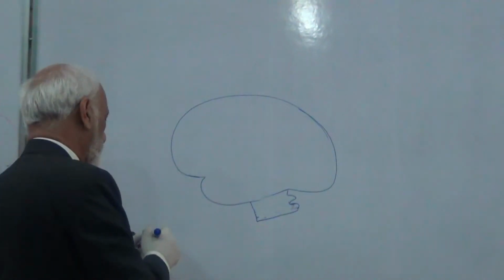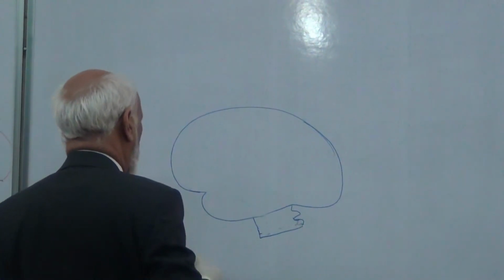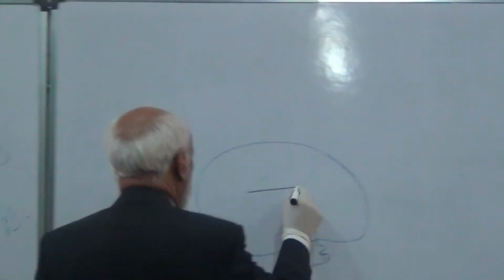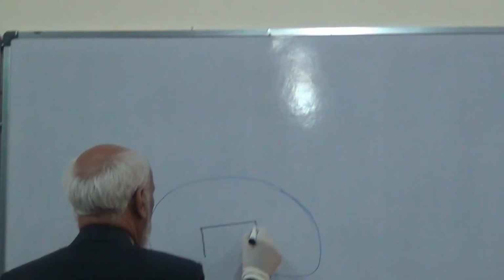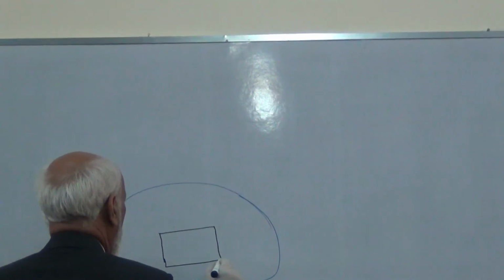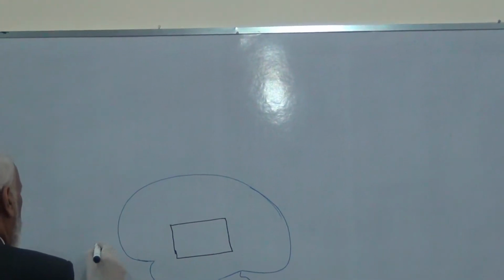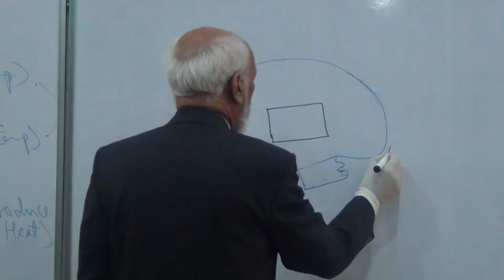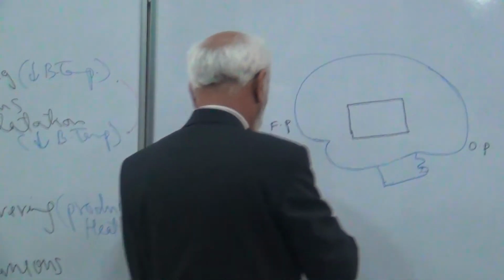Now, suppose this is the hypothalamus. This is the frontal pole. This is the occipital pole.